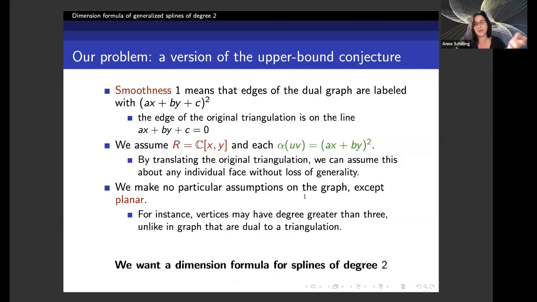As I mentioned before, we want to know a dimension formula for splines of degree 2. We usually take out the constant spline, so when I talk about the dimension, it will probably differ by 1 from what it should be, because I always assume that it's not the constant spline.